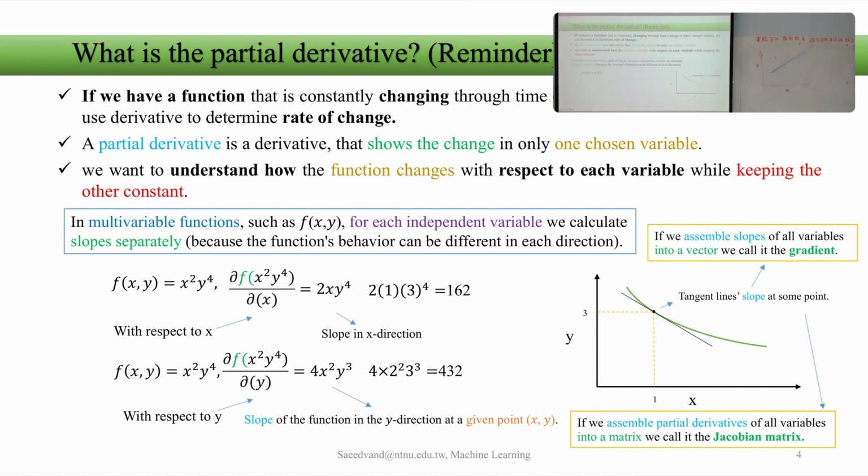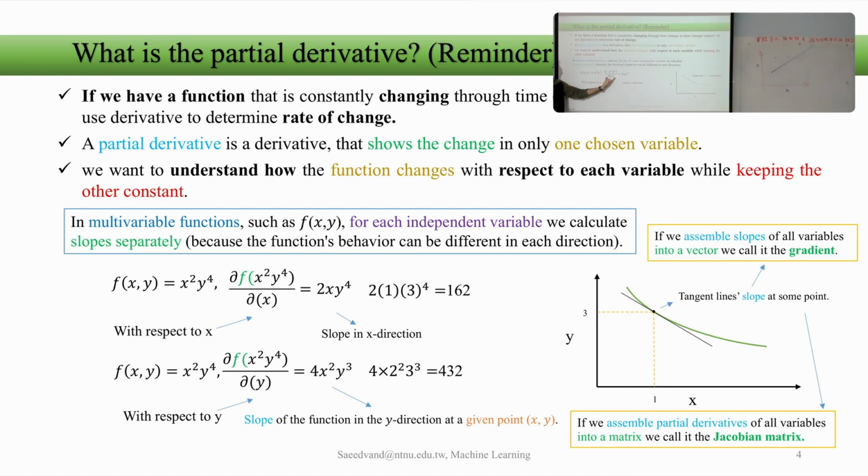So let's see a very simple math example. I assume you are not familiar with partial derivatives. Let's have a look. If you have a function simply like this, f of x and y is equal to x to the power of 2 times y to the power of 4. If we take the partial derivative of this, what happens? We can write the derivative of f, x squared y to the power of 4, with respect to x one time, and with respect to y one time.